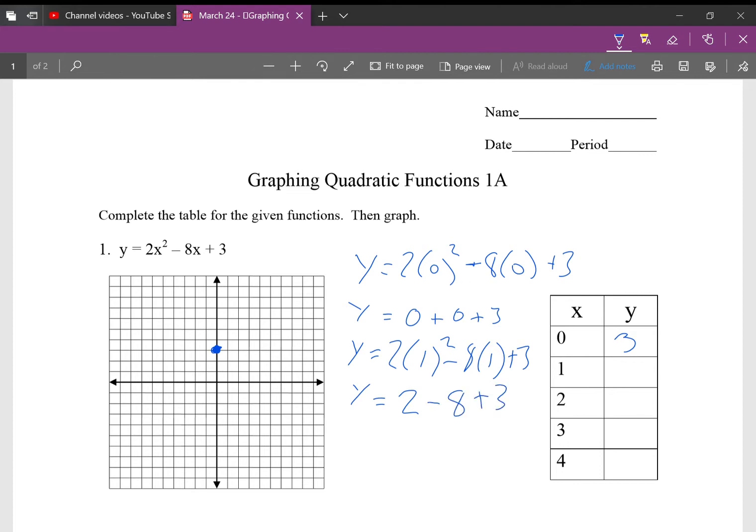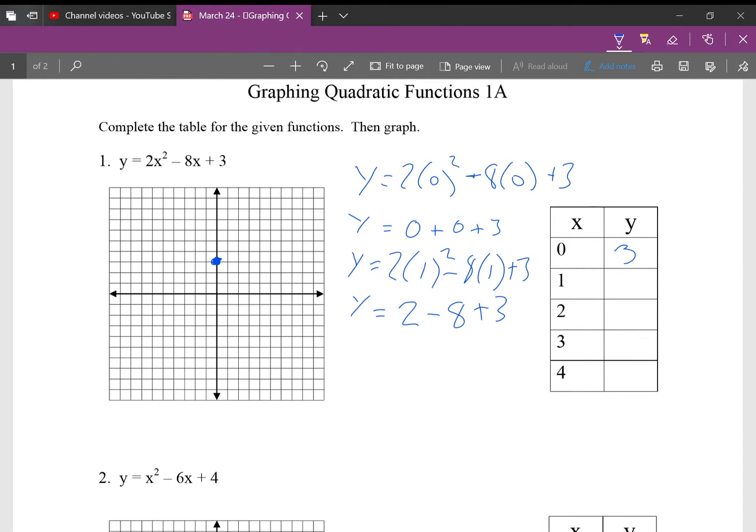And then again, this is something you put into your calculator just as it looks. 2 minus 8 is negative 6 plus 3 is negative 3. So I ended up with y equals negative 3. And then again, I have another point now, the point 1, negative 3. I'm going to graph that from the origin. I'm going to go over 1 to the right since it's positive 1, and then I would go down 3. That's going to give me a dot right here.